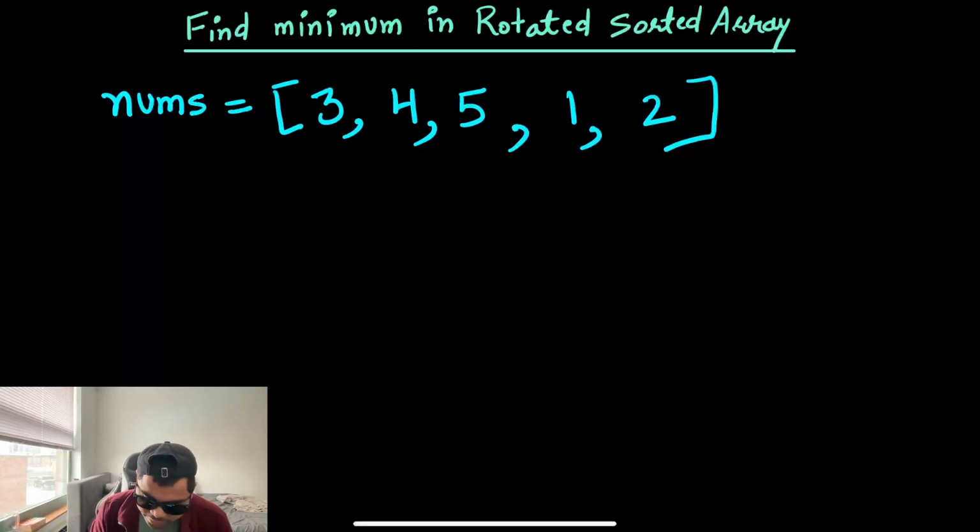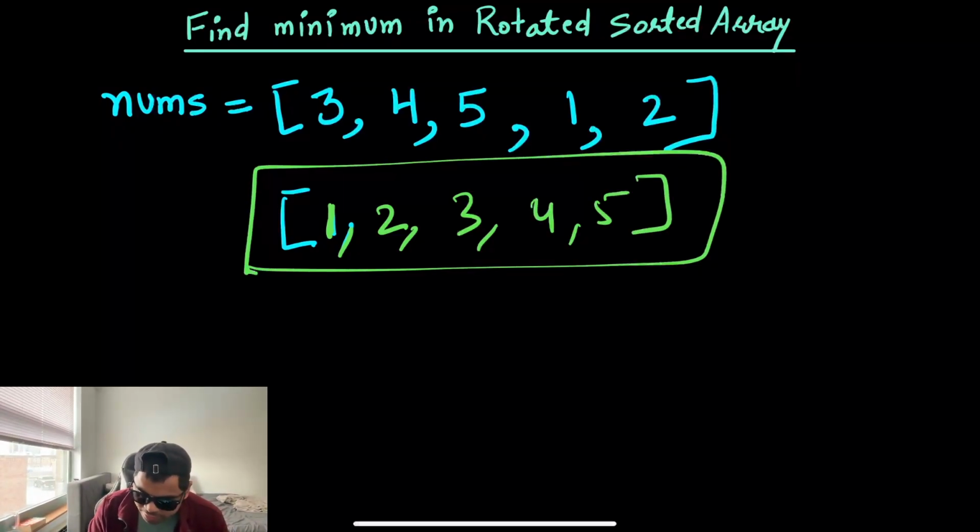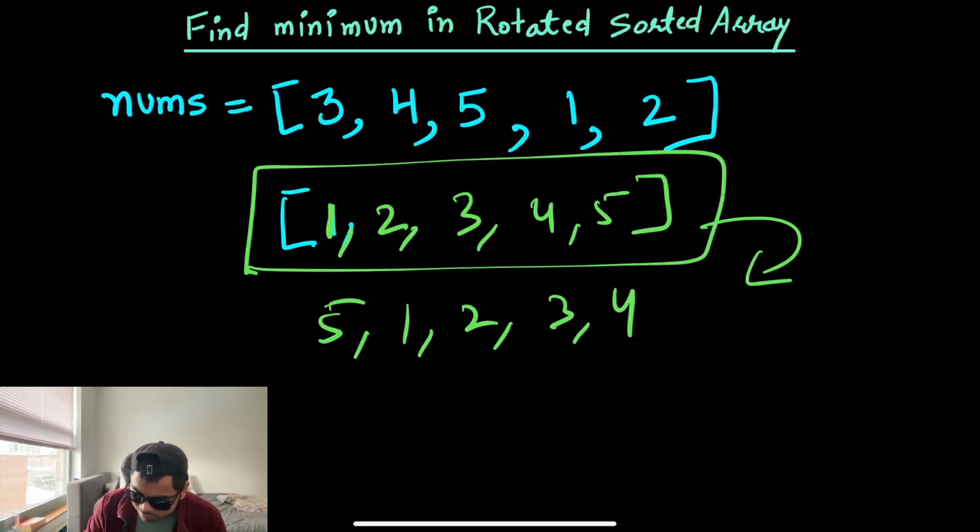What I really mean is, initially this array must have been 1, 2, 3, 4, and 5. Right, this was the array. Then it was rotated the first time, that must have made it 5, 1, 2, 3, and 4. First rotation.